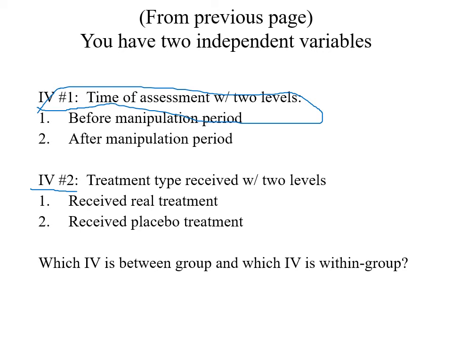The first independent variable, the time of assessment, is within group. The other one, the type of treatment received, is between groups. So this makes it a mixed design. Whenever you hear mixed design, you would know that this particular study involves at least two independent variables.